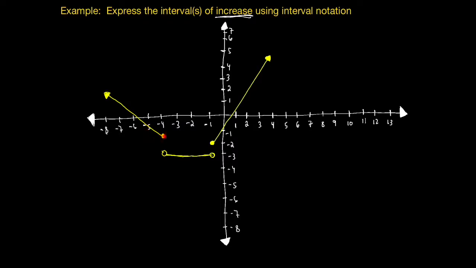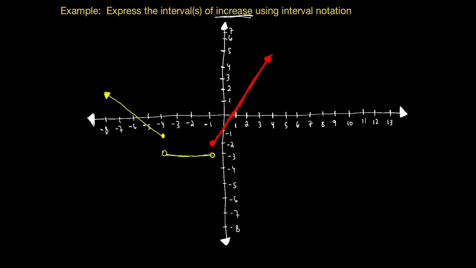So we ignore this part, and then we have a jump discontinuity, and here we can see that this is constant, this is neutral, so we're going to ignore it as well. Then we get another jump right here, and it's at this third piece that we see an increase. So let's highlight it in red, and we're pretty much done in identifying the increases. The last thing to do is to represent it using interval notation.